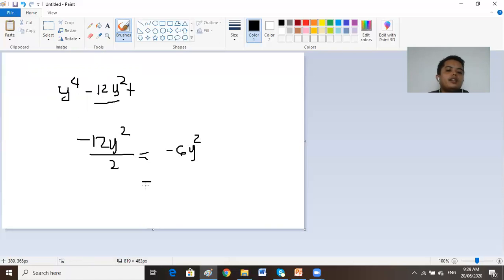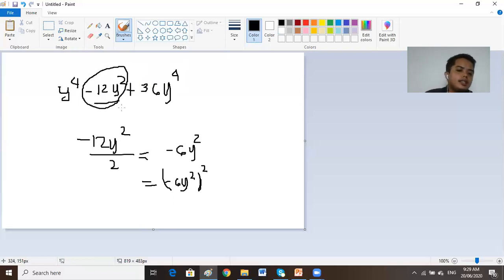So you square that one, that is negative 6y squared, and then you square it. What is the square of negative 6y squared? That is 36y^4. So whatever the expression inside, you divide it by 2 and then square. Since this is negative 12y squared, you divide it by 2, the whole quantity, and then you square it. So this is now your last term, the perfect square trinomial.